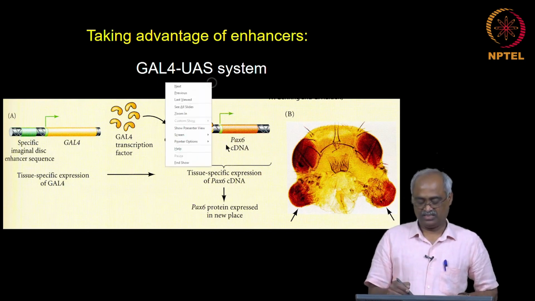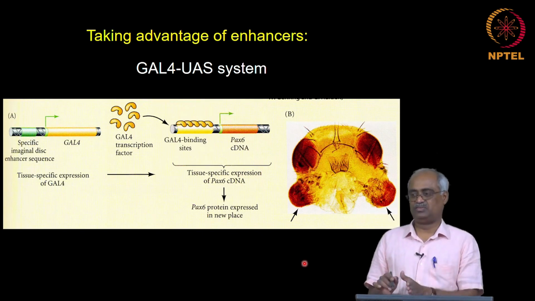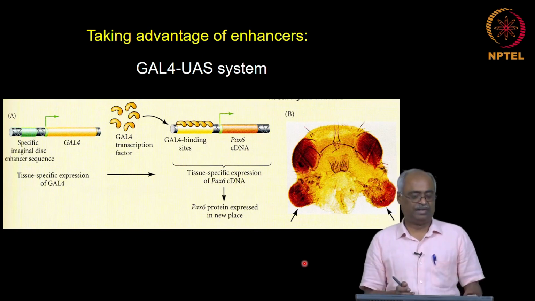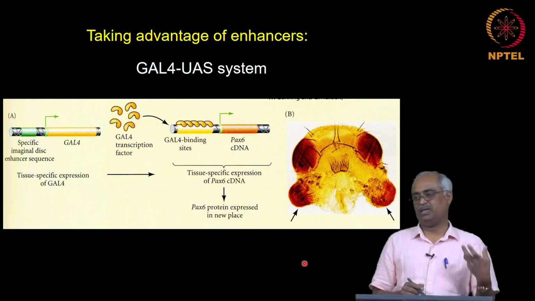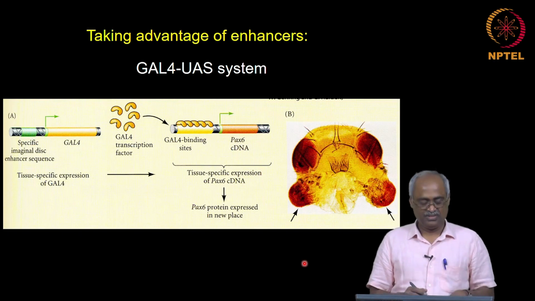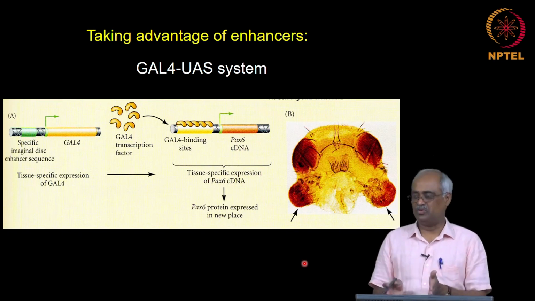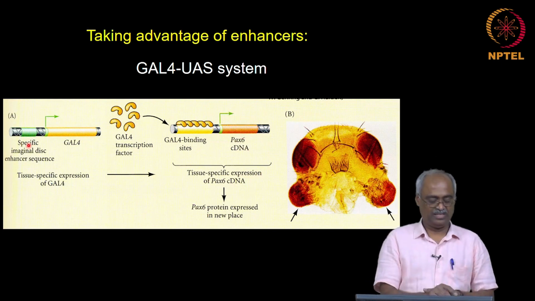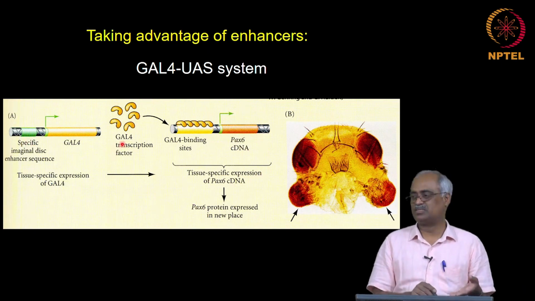So, the GAL4 UAS here is for PAX6, and in the other one you have, let us say, an eye imaginal disc specific enhancer. Now when you cross both and make a double mutant, you are going to produce PAX6 protein where normally the enhancer will drive the GAL4 expression.